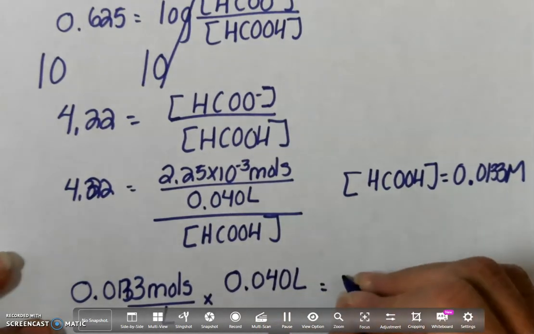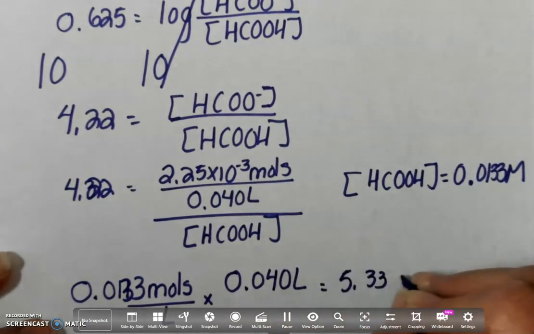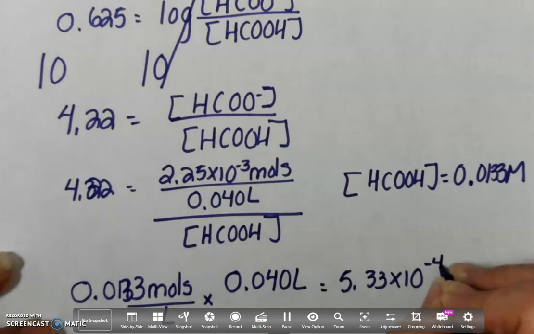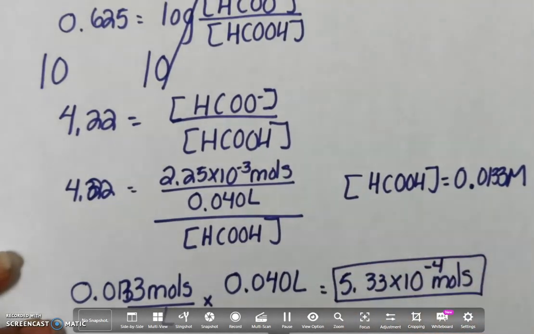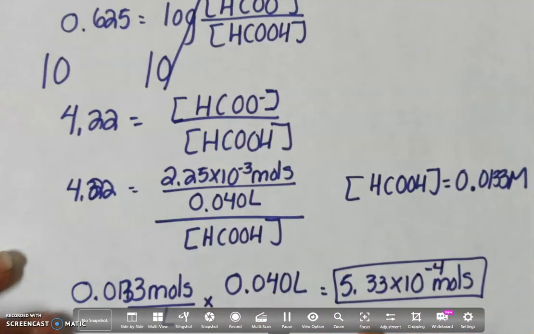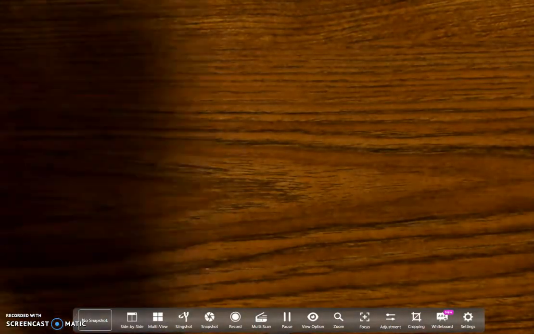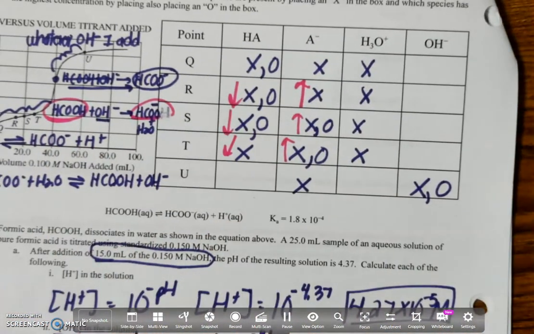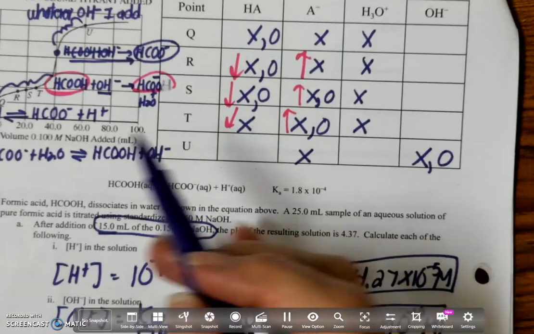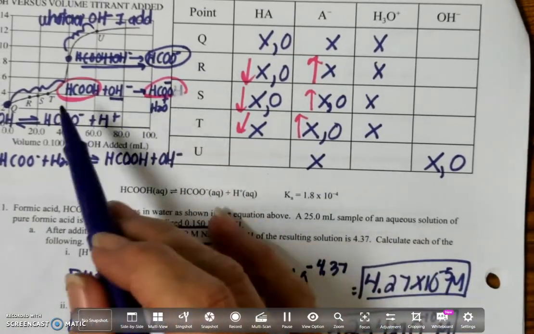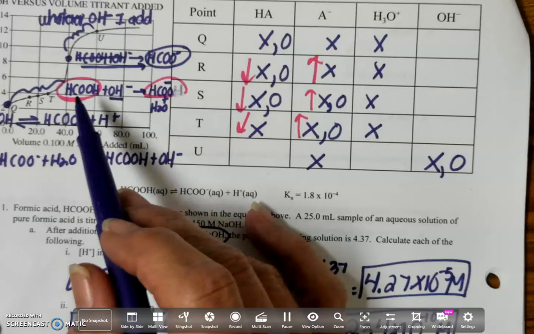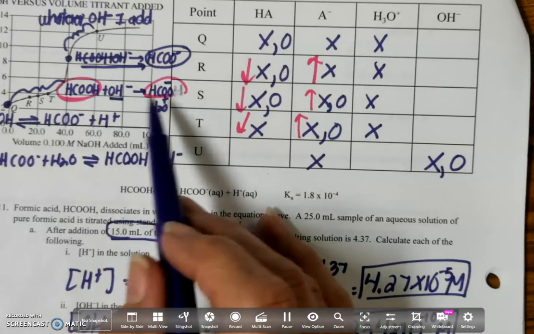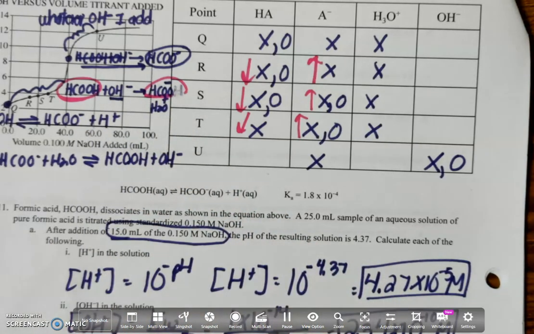That should give me moles, which is 5.33 times 10 to the minus 4 moles. That's the hardest one. So let's look at a summary. Now what I've done here is I've added some arrows. Remember that we are at this point because we were able to take advantage of the fact that we had a ratio of these two species.